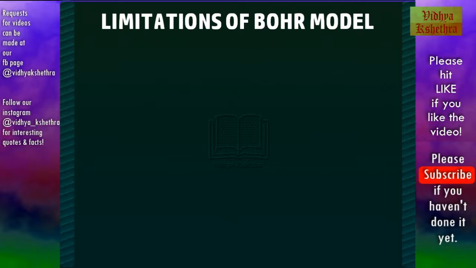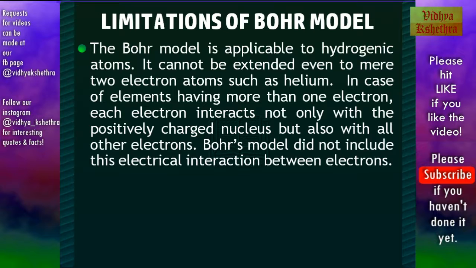Now we can see the limitations of the Bohr model. The Bohr model is applicable to hydrogenic atoms. It cannot be extended even to mere 2-electron atoms such as helium. In the case of elements having more than one electron, each electron interacts not only with the positively charged nucleus but also with all other electrons.